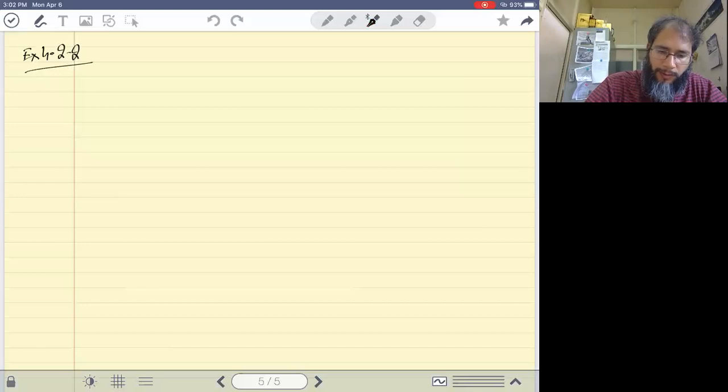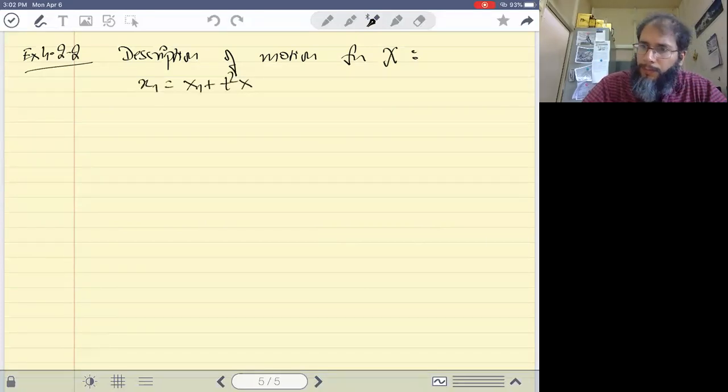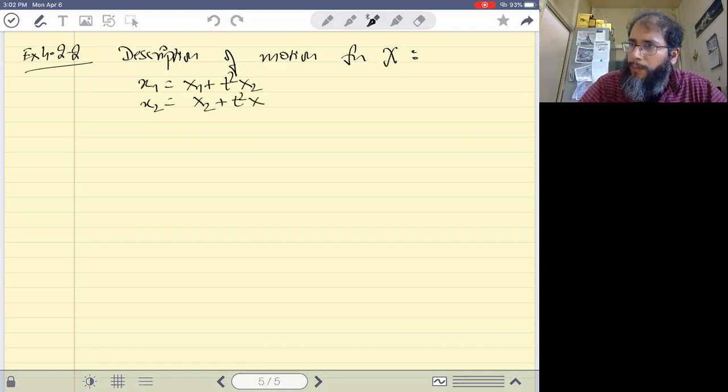So you have the description of motion. It's the same example that we discussed last time. Now we want to find the velocity and acceleration.